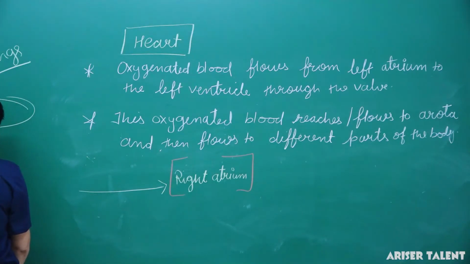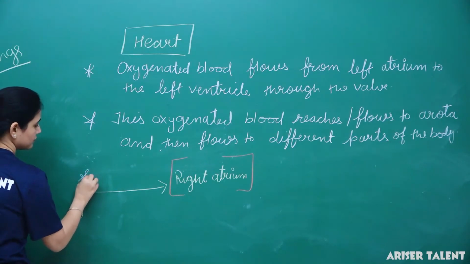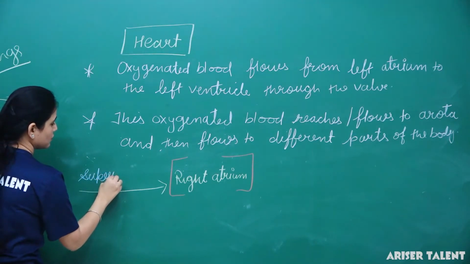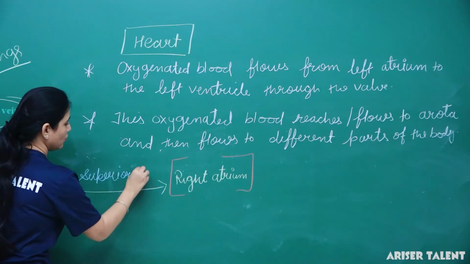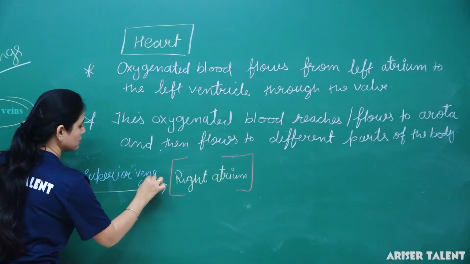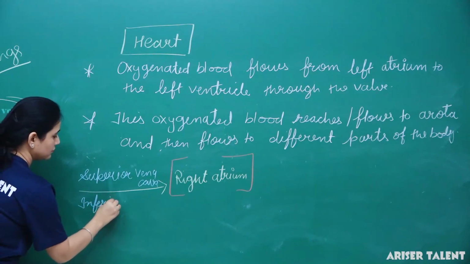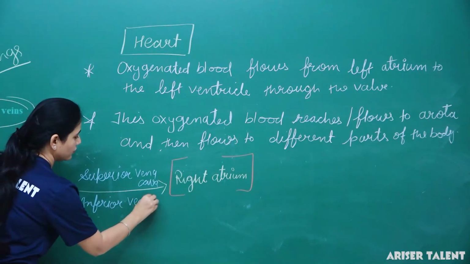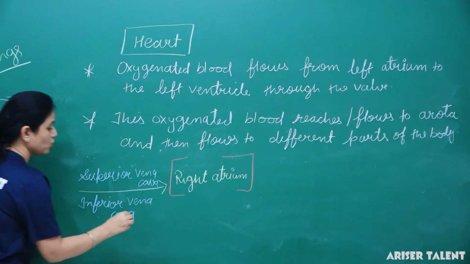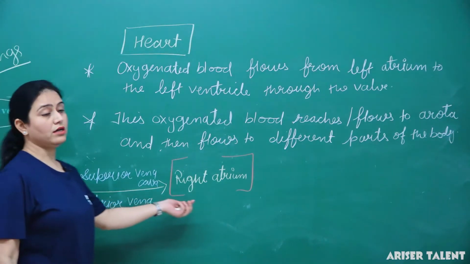So, what kind of blood reaches into the right atrium?